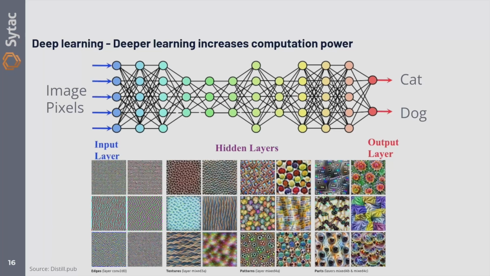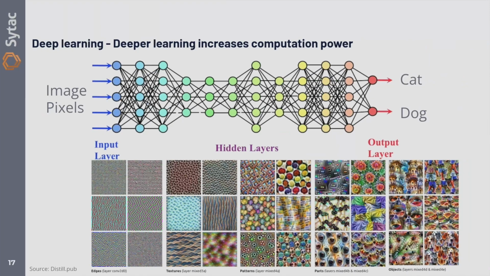If you make a model broader, all the computation has to be in parallel. If you make the model deeper, it has to build on top of each other. Each step can build on the previous step. And hey, this looks a little bit more recognizable if you're on drugs, but it's a dog.